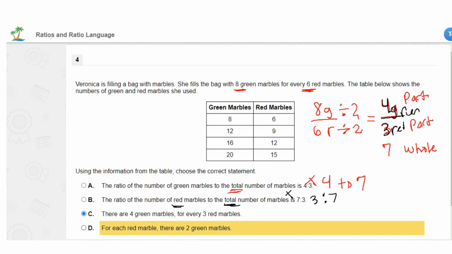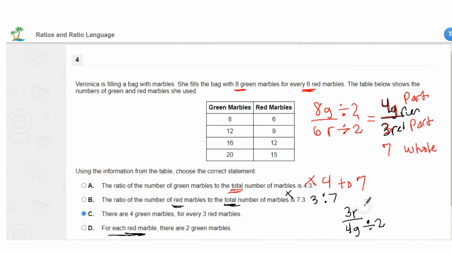For each red marble, there are 2 green marbles. So if I were to put red, 3 red to green, which is 4. If I wanted to get for each red marble, there are 2 green marbles. So if I want the number of green marbles to become 2, I would divide by 2.